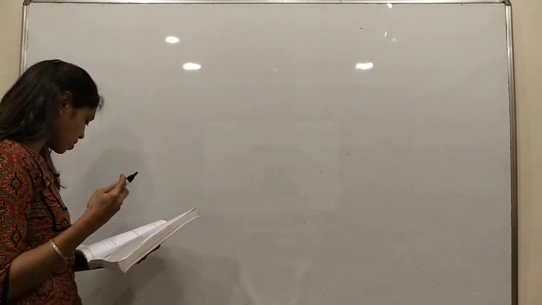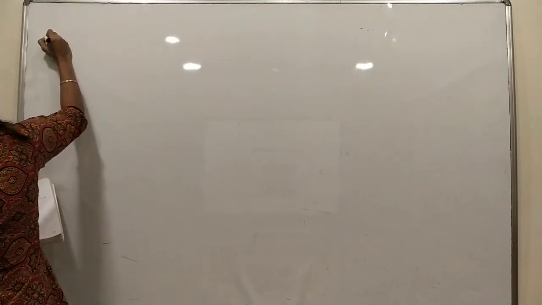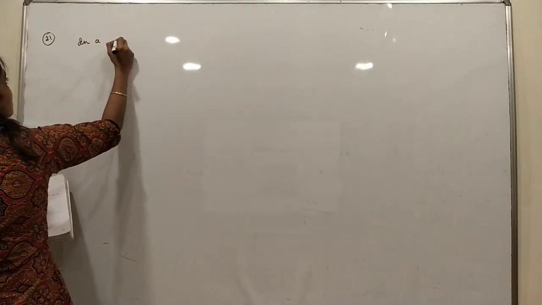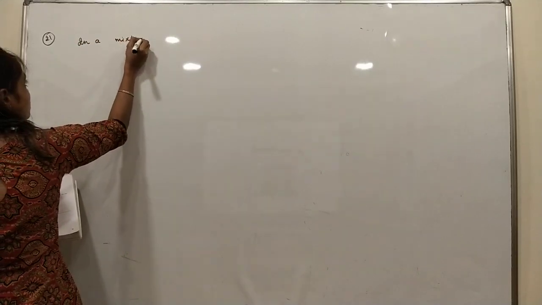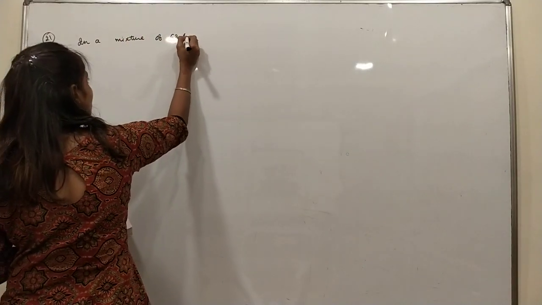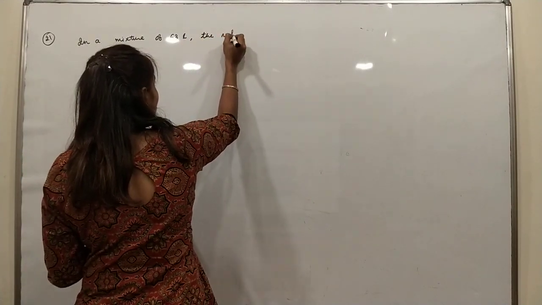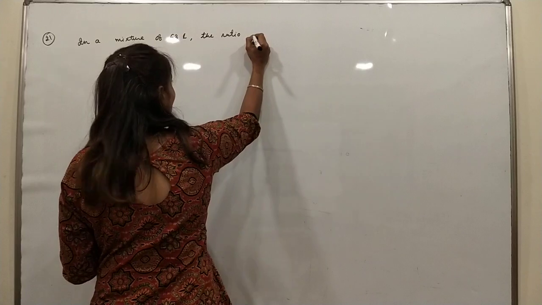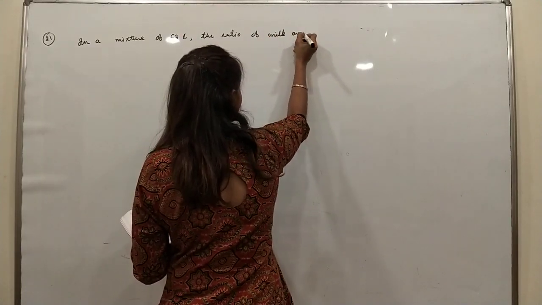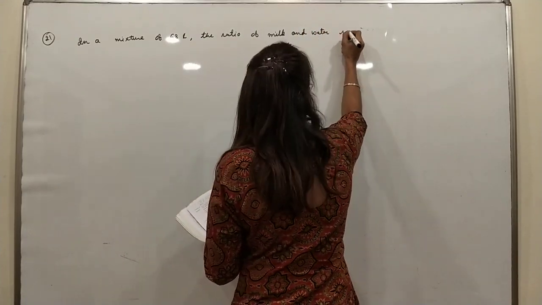Now important sums 21 and 22, 23. 21 number. In a mixture of 63 liter, the ratio of milk and water is 5:2.